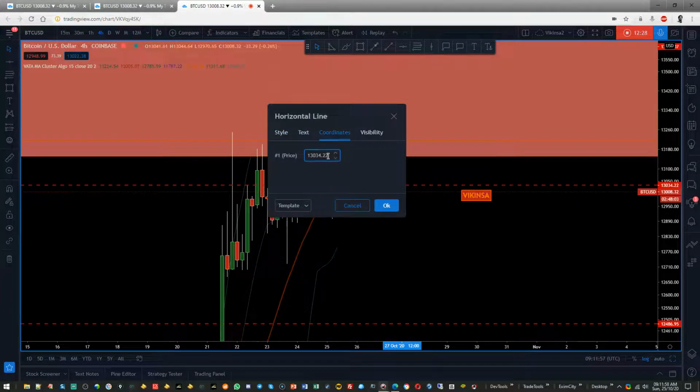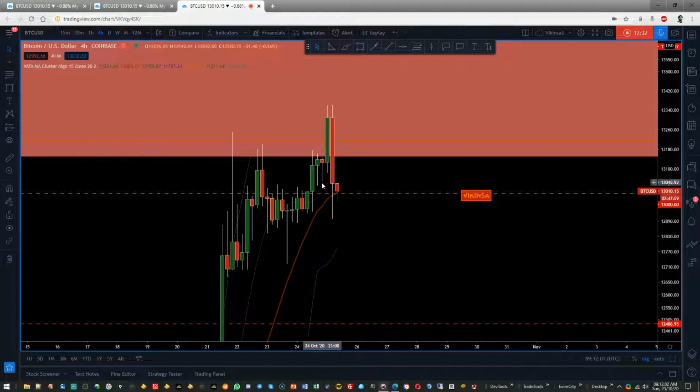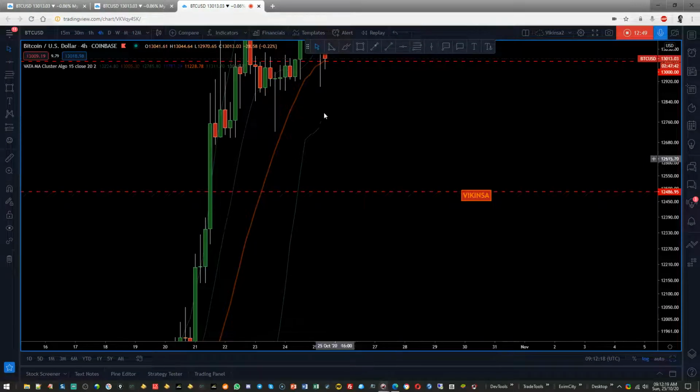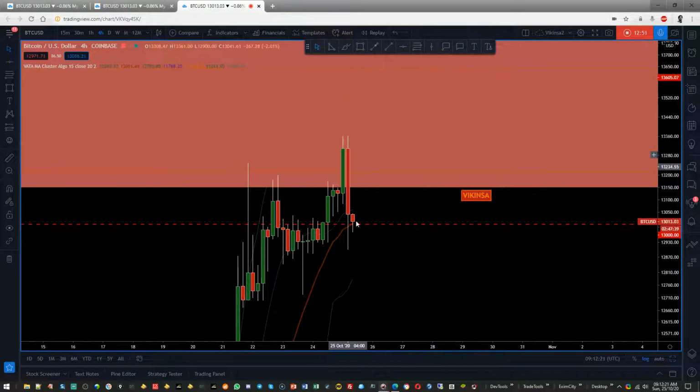Let me just quickly go and change that. This is the struggling level right now. It tried to stay below this, but then it went back up to collect the stop loss, struggling with that. And it is also confluencing nicely with the mid of the Bollinger Band right now. So if it actually breaks through that, then only we can expect something like this to be achieved. Okay, so this is what we have so far.